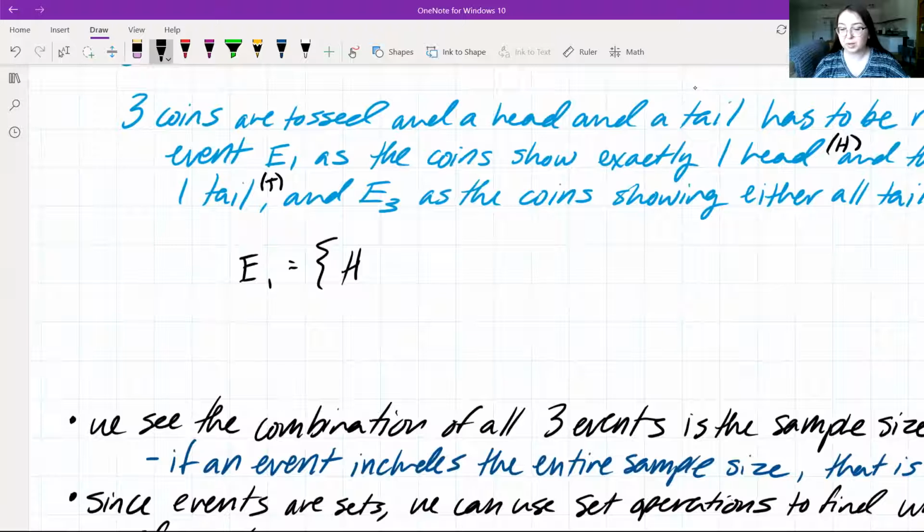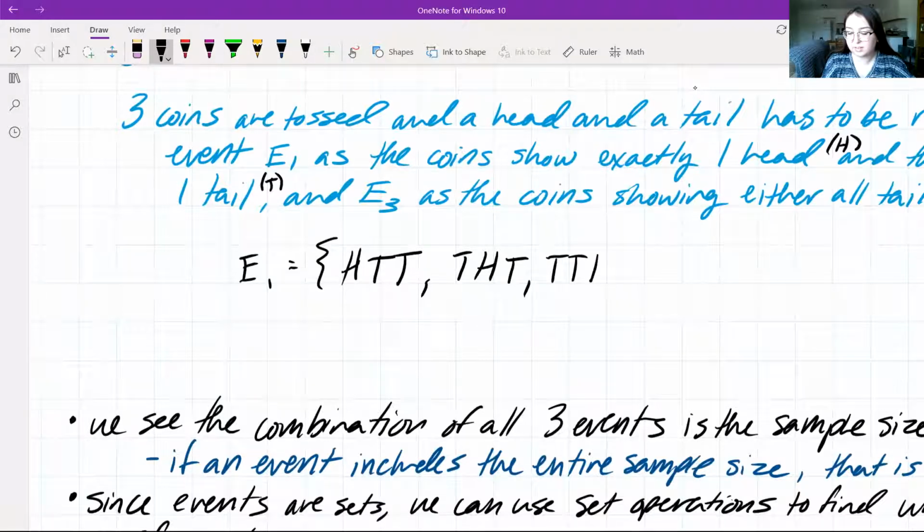So let's say we start with flipping the head, and then we have 2 tails, because it's 3 coins. Then let's say we have a tail, then a head, and then a tail. So we get tails, heads, tails. And let's say that we flip our head last. So we get tails, tails, head. And that would be our event space, because if we're tossing 3 coins, our sample size is going to be much larger, because we have other ways that we can flip these coins, but we're only paying attention to when we flip a head just once.